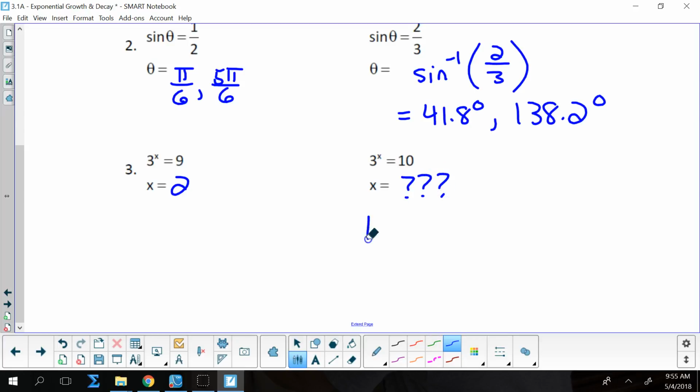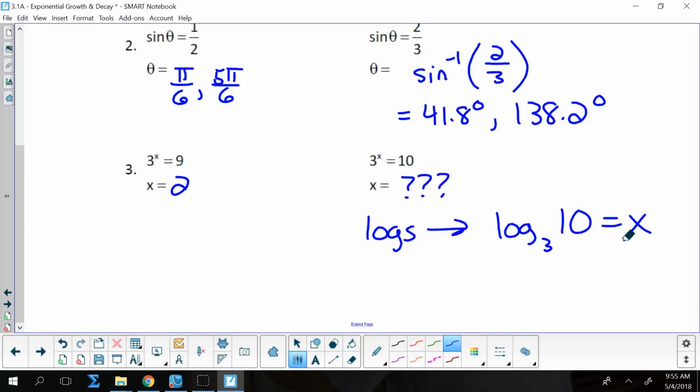I got to use logs. So then this would become log base 3 of 10 equals x, which, logic again, should be between 2 and 3, right? Should it be closer to 2 or should it be closer to 3?